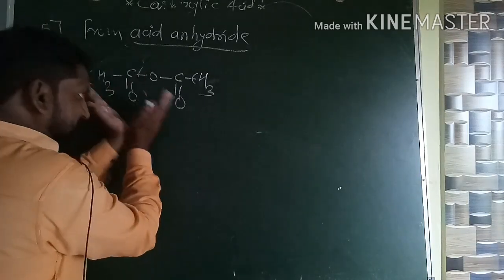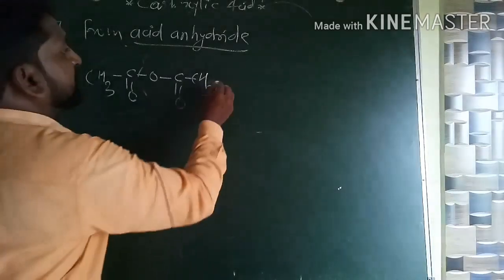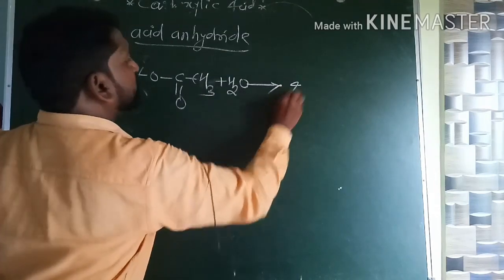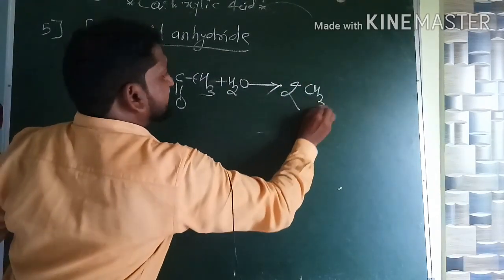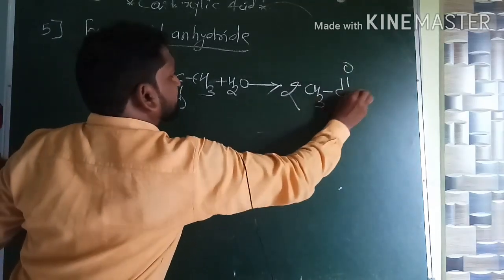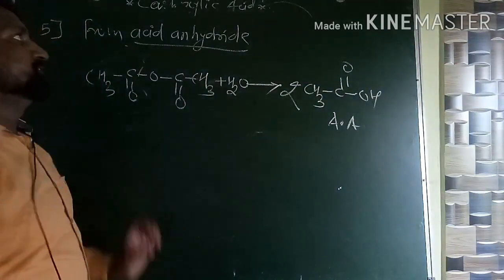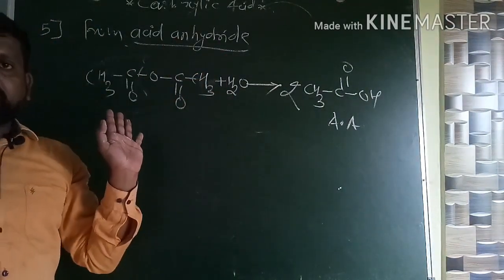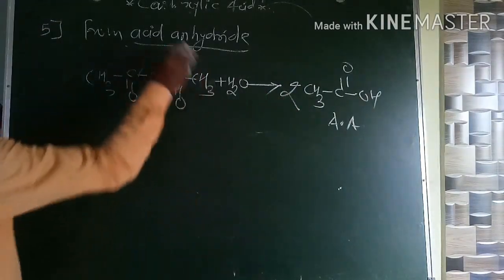So let us convert this particular acetic anhydride into the acid. What will happen? Plus H2O. We will get 2 molecules of corresponding CH3COOH. What is this? Acetic acid. So in this way we can convert acid anhydride into the carboxylic acid. Next.